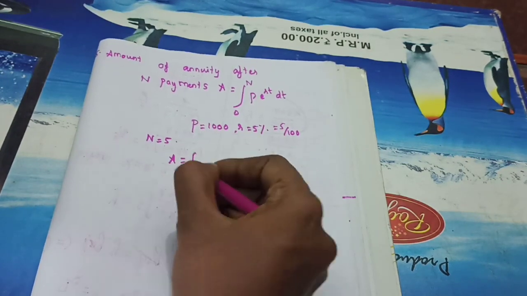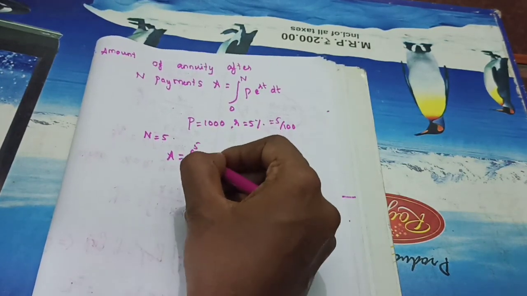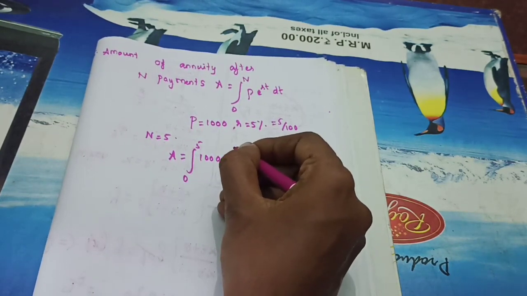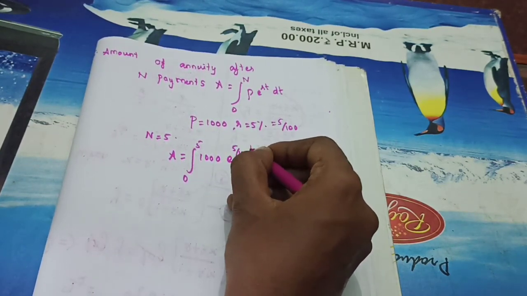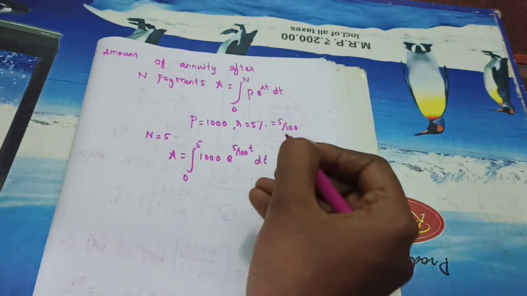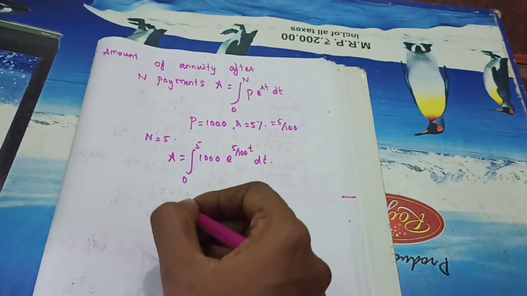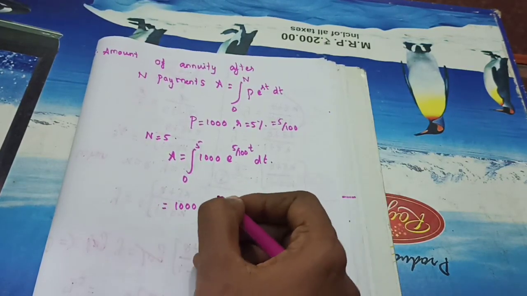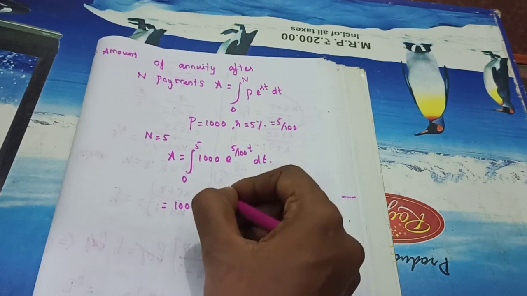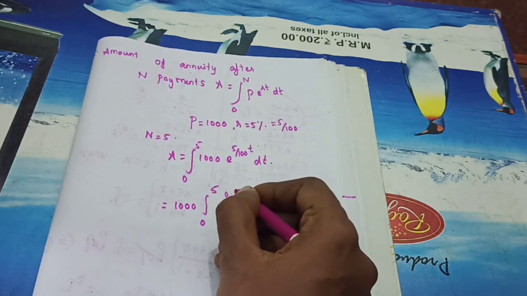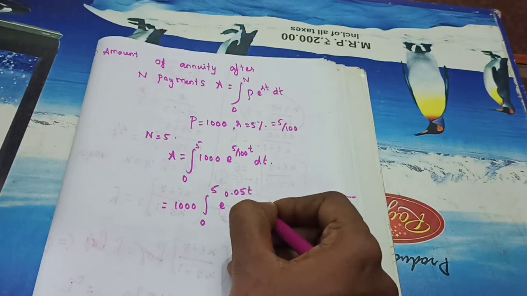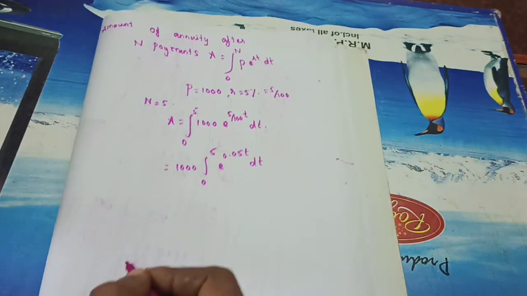A is equal to the integral from 0 to 5 of 1000 e power 5 by 100 into t dt. Now apply the limit. First you integrate. 1000 is a constant. Integral from 0 to 5 of e power 0.05t dt. Integrate it and apply the limit.